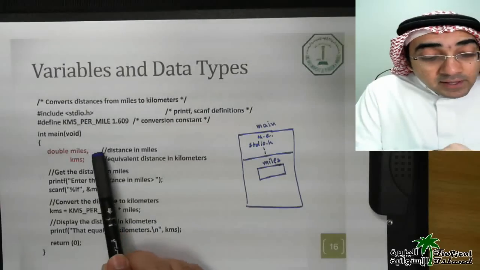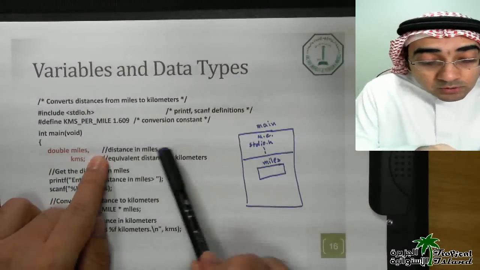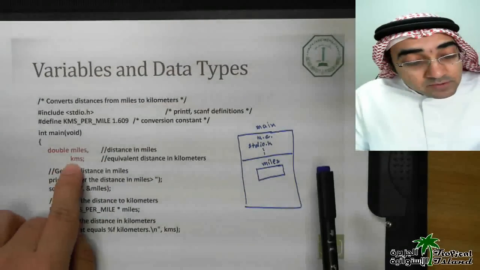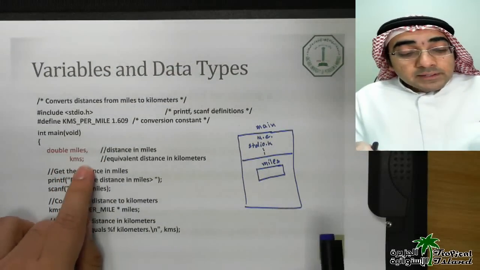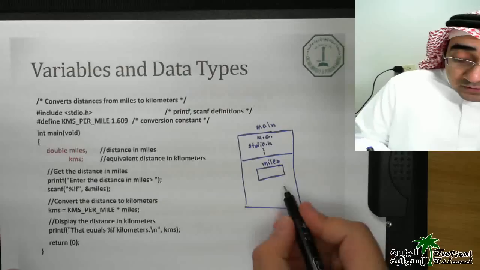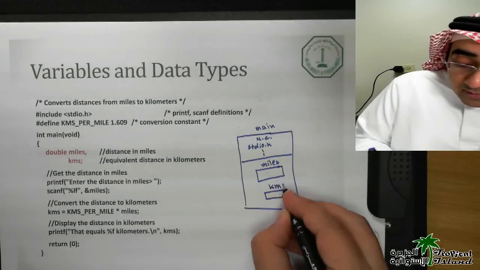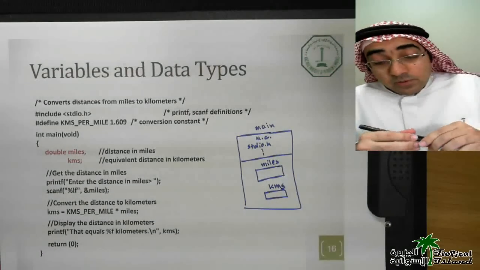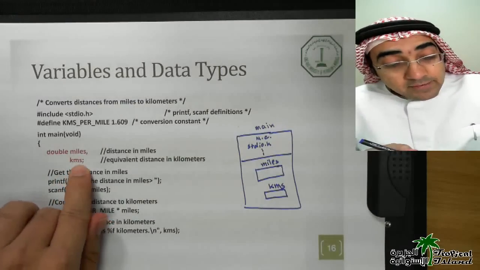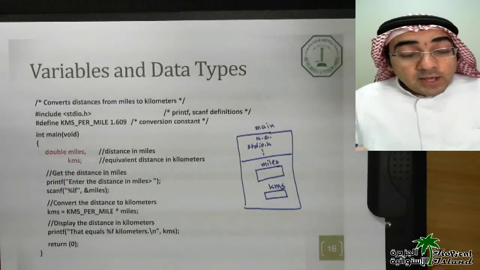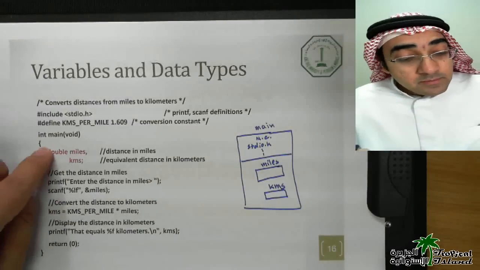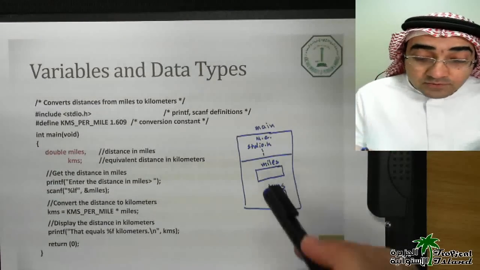I have to go to a semicolon, and then I tell the compiler to ignore this till the end of the line. So it's going to jump and continue over here and it's going to find KMS. What it's going to do is allocate a space in the memory and call it KMS, which is kilometers, where we're going to store kilometers. Then we're going to have a semicolon, and at the semicolon we actually stop. Okay, this instruction finished.